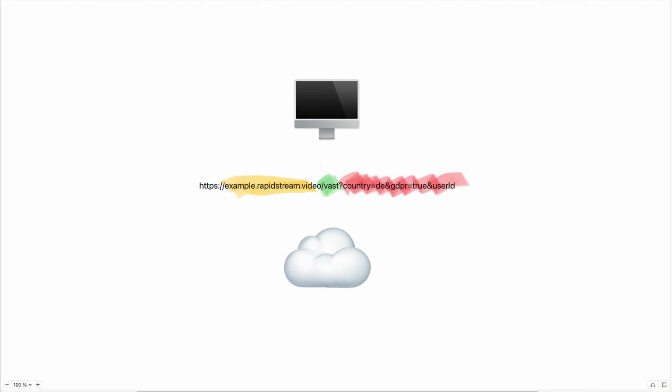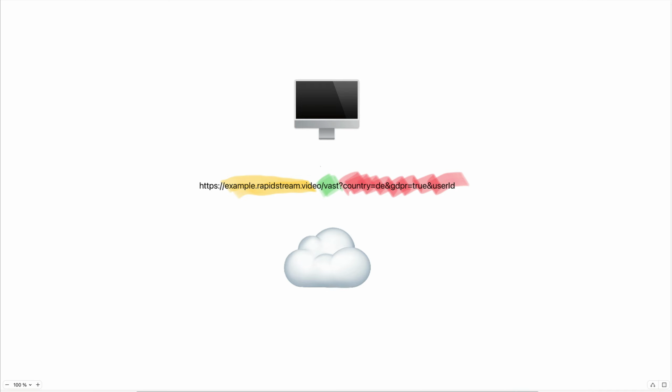So the first thing that will happen is that we check if there's a kill switch matching. Let's ignore that for now. The next thing is we'll look into the ad rules and see if any rule is matching for our URL here.